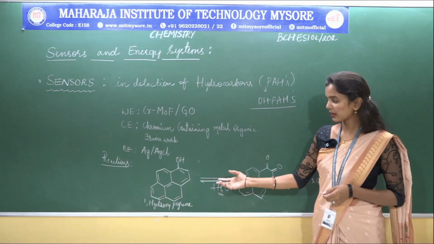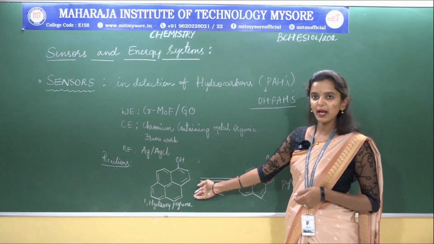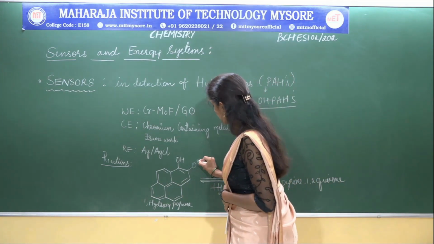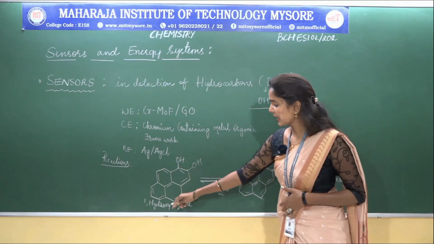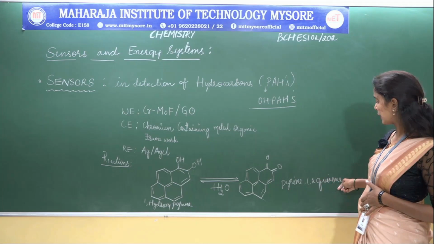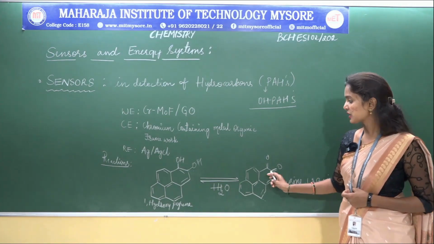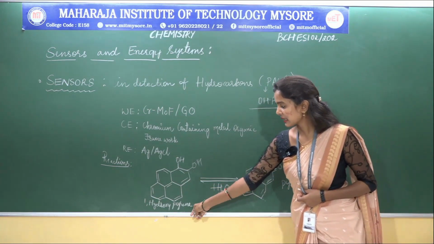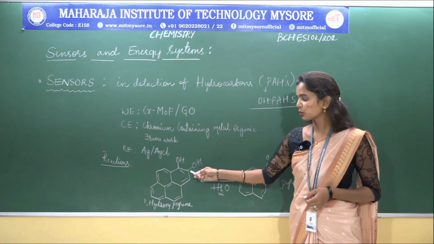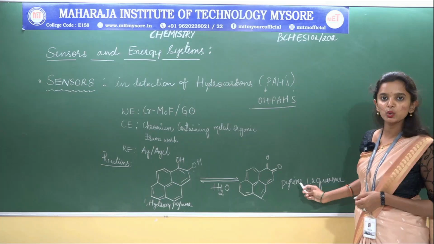In the detection of 1-hydroxypyrene, the reactions are as follows. 1-hydroxypyrene undergoes oxidation and forms 1,2-dihydroxypyrene, which is further seen as pyrene-1,2-quinone. So this is the final product of formation, which initially started with 1-hydroxypyrene, which got oxidized to form 1,2-dihydroxypyrene, and finally generates pyrene-1,2-quinone.